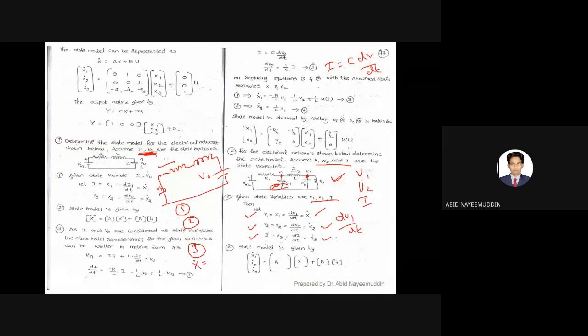From this expression, I can write directly dV1 by dt is equal to (V1 minus Vin) by C1 R minus I by C. Okay. Now in the same way, next applying KCL at node 2. At this particular node 2, V2, capacitor C2 is connected.